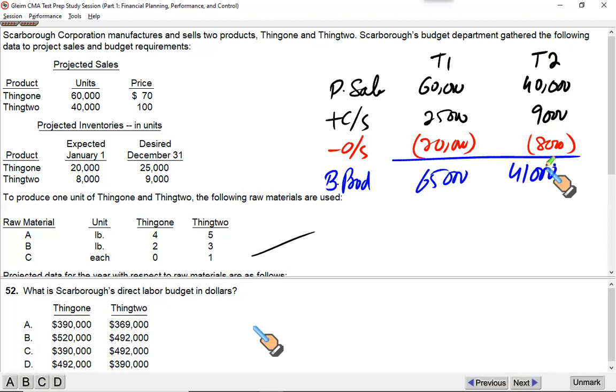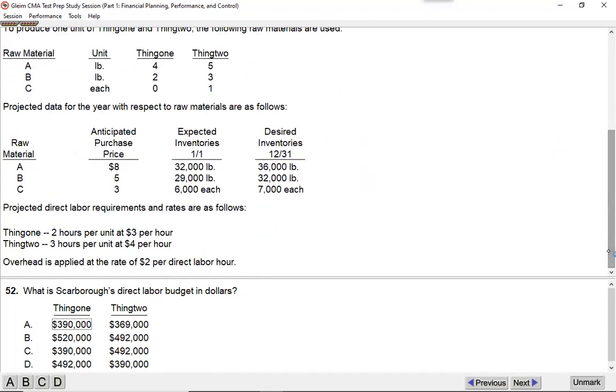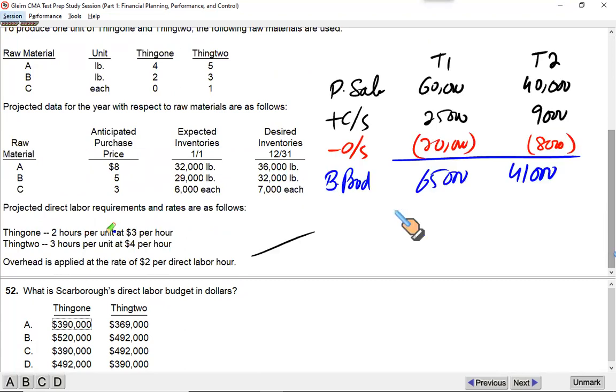Based upon this production budget, now we will be able to write up our direct labor budget from the information given at the end of the paragraphs here. Thing 1 requires 2 labor hours, and each labor hour is paid at the rate of 3. In other words, $6 per unit for Thing 1. That's the labor cost. And for Thing 2, we require 3 labor hours paid at the rate of 4 per hour. So that's 3 times 4, $12 per unit.